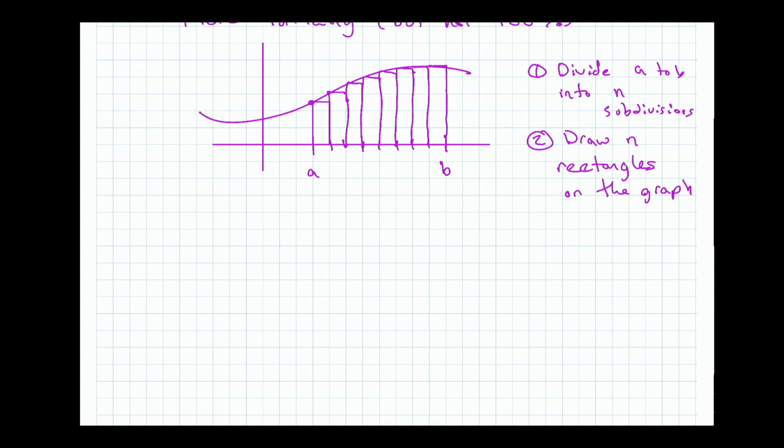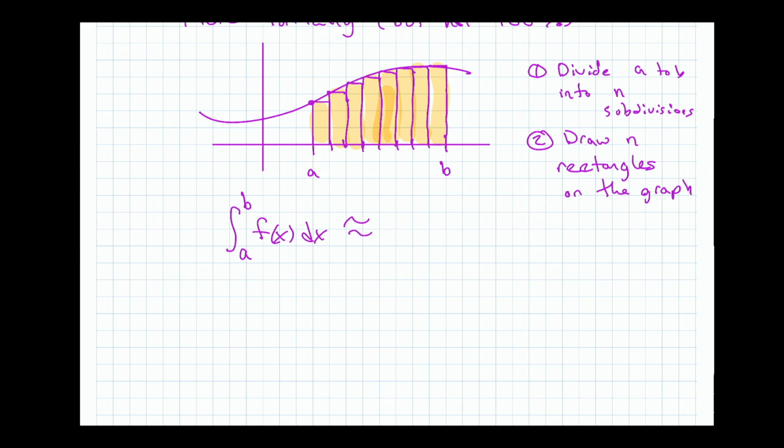Okay, so I'm drawing in all these rectangles, and those rectangles each have some area, and you can add up the area of the rectangles. So, of course, you can say that the area under the curve is like this. So the integral from a to b of f of x is not equal to those rectangles, but it's approximately equal to those rectangles, right?